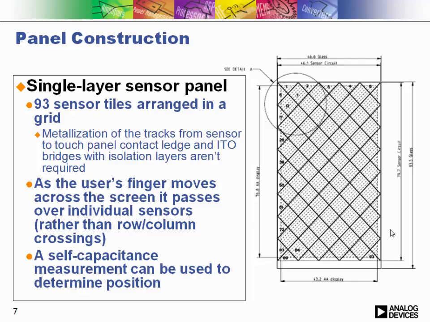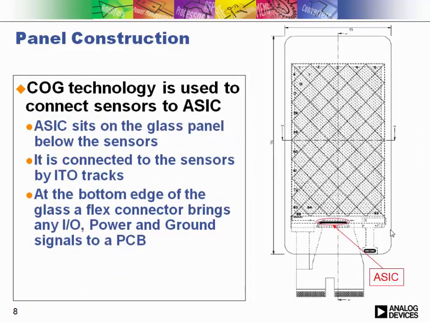As the user moves his finger over these sensors, we sense the change in capacitance. Chip on glass technology, in this case, is used to connect the ASIC onto this panel. So this would be the ASIC we developed, and it's integrated with the panel itself.